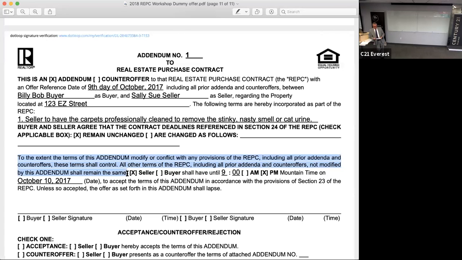So you could read the FHAB addendum, which says the same thing: to the extent this addendum modifies or conflicts, this one will control. You almost would have to see which one was signed latest to decide. But where they're both the same time, you could argue either way. So probably we would err on the side of this 9 o'clock.